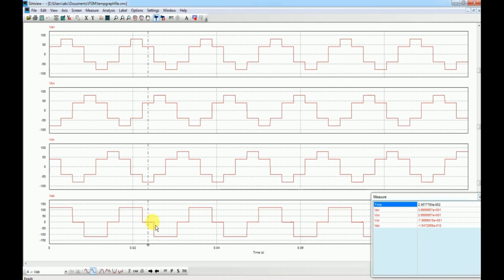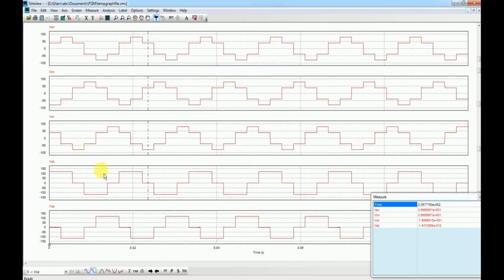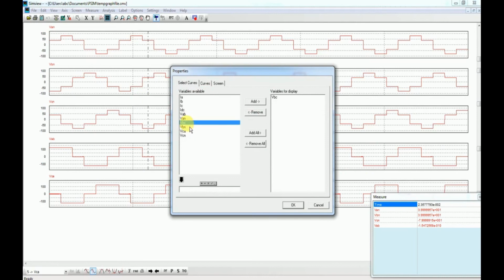This is a time when we have VA and VB both at the same potential. So you can see here VAn is equal to 40 volts, VBn is equal to 40 volts, and consequently VAB is equal to 0. Same goes for the other two phases, which are VCA and VBC.